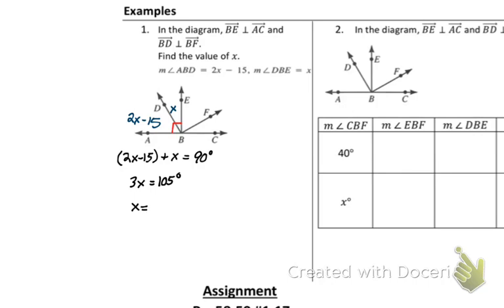And we're going to have x equals 35 degrees. It doesn't ask for angles, but if we did, it wouldn't be that big of a stretch. We just plug it in for x values and we have our two angles. Questions, comments, concerns on that one?